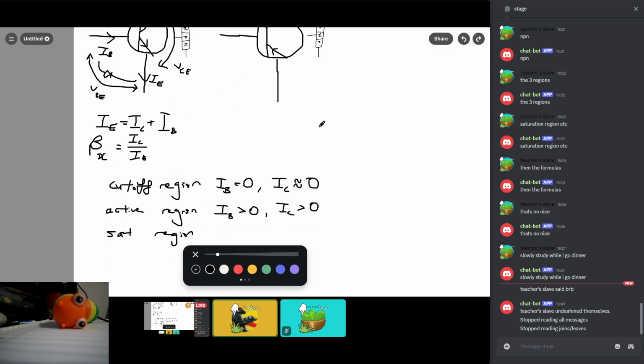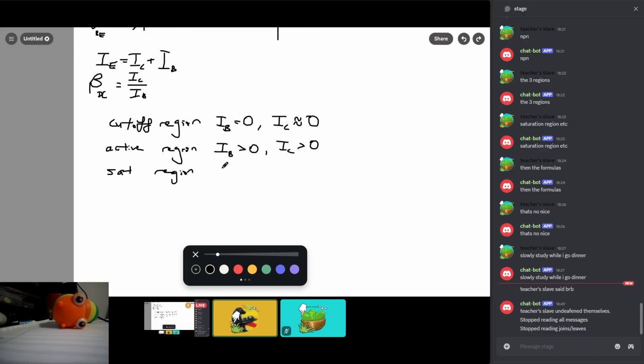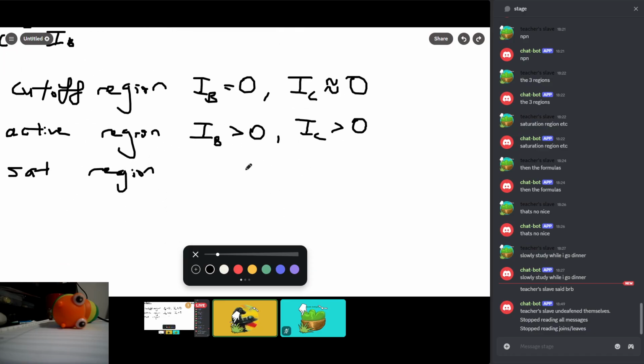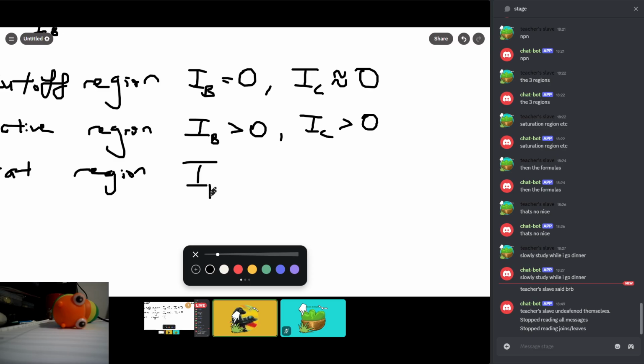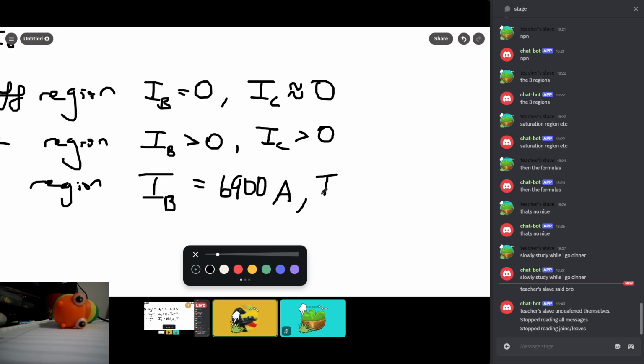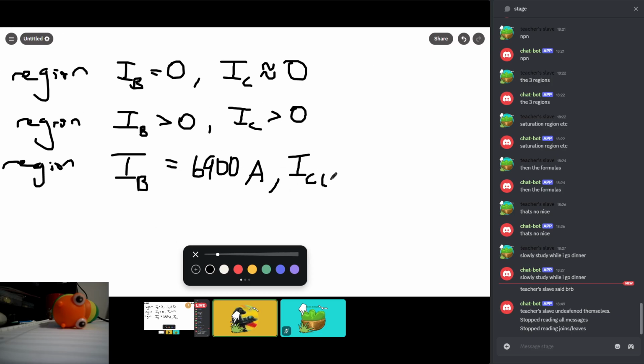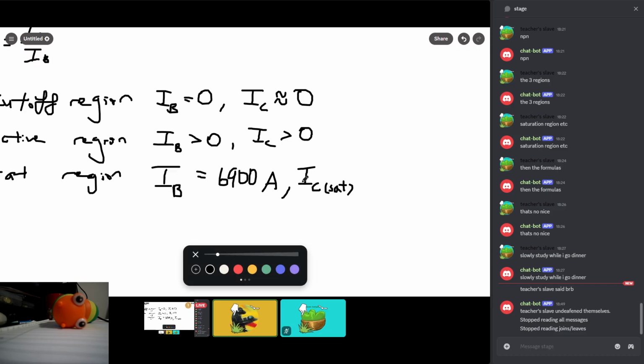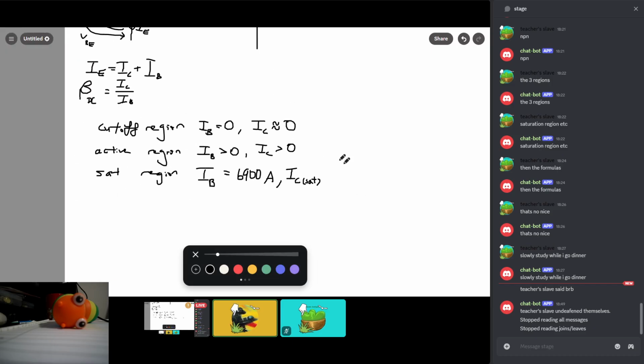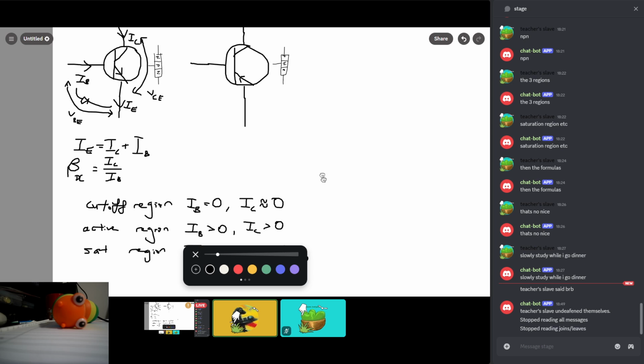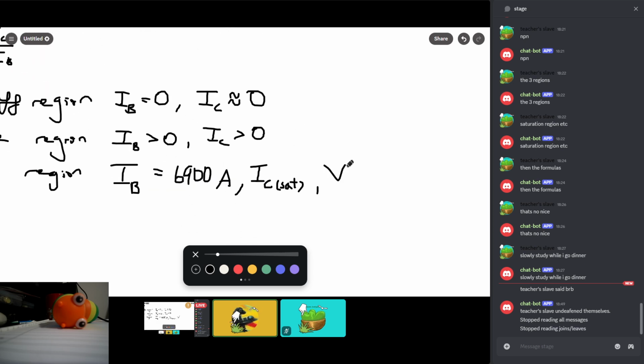Then the BJT will be in the saturation region, where no matter the current of IB, IC would remain at saturation, and is denoted by IC sat. And in the saturation region, VCE is known as VCE sat.